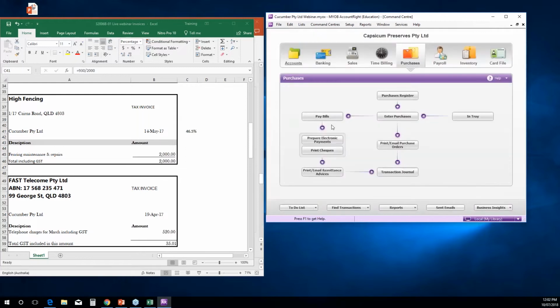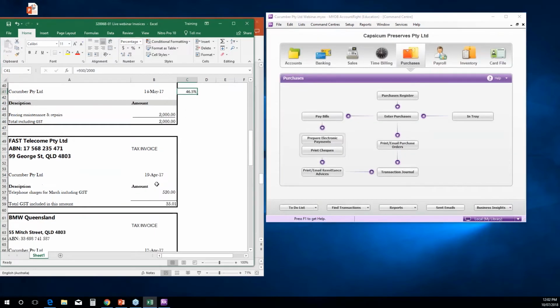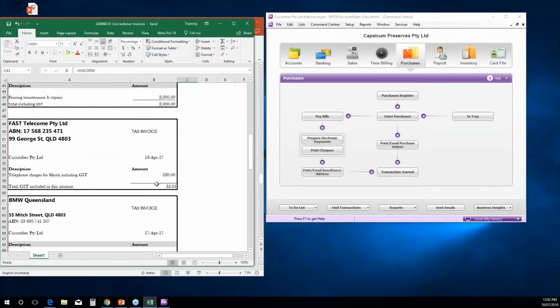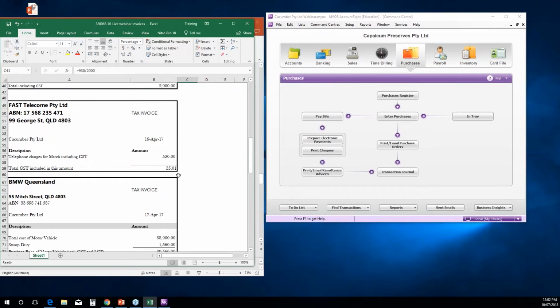And then close it. Next one, we have Fast Telecom Pty Ltd. Okay, telephone looks good. ABN and GST all look good. Tax invoice, but a total amount of 520 has been charged. Let me calculate the GST on that.